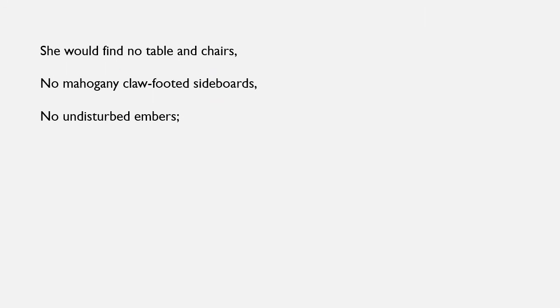Moving on, he says, she would find no tables and chairs, no mahogany claw-footed sideboards, no undisturbed embers. And this is what we were talking about, anaphora. No, no, no. See how three times, in every line of this second stanza, there is this negation.